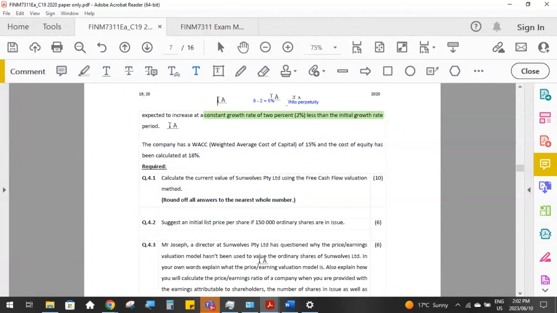So from year 6 onwards into infinity, that is what the growth rate will be. In other words, what we know in our formulas, what we call the terminal value.